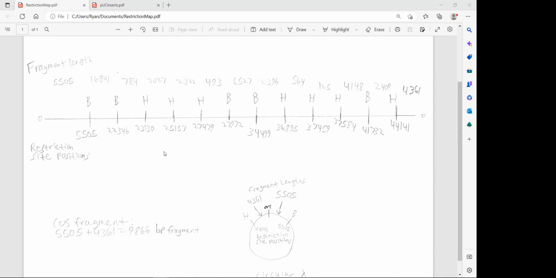And then I'll say B, 6,527 base pair, and then again B. Right. Yes. Okay. And then keep going all the way till the last.